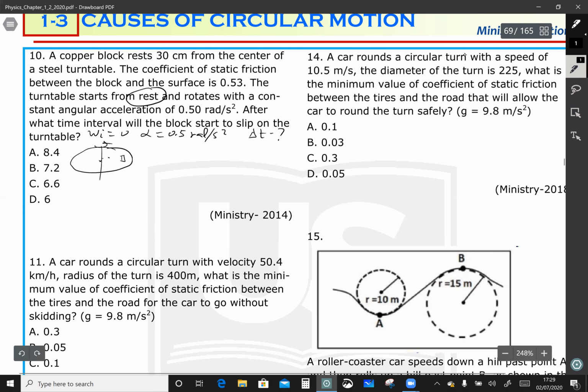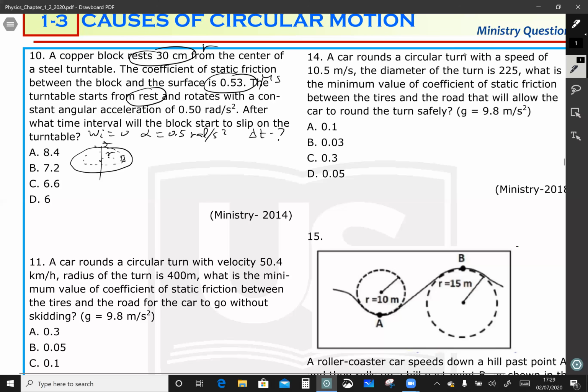The copper block is at a distance r from the center, which is the radius of the circle, given as 30 centimeters. The coefficient of static friction between the surface and the block is 0.53, this is mu s. We know that this copper block will follow the circular path together with the turntable until the static friction force is not enough to keep it on the circular path.